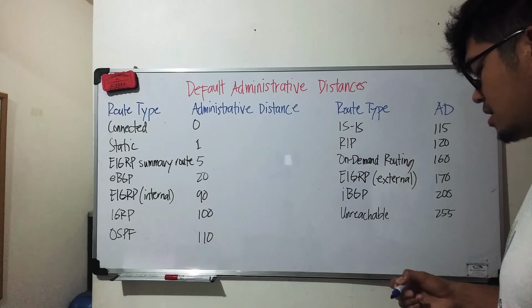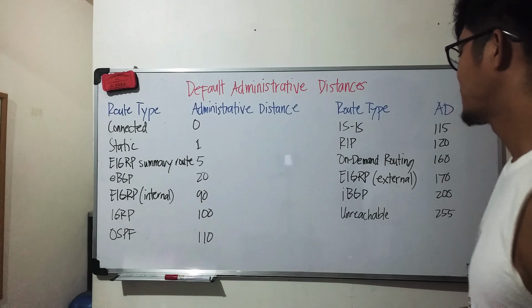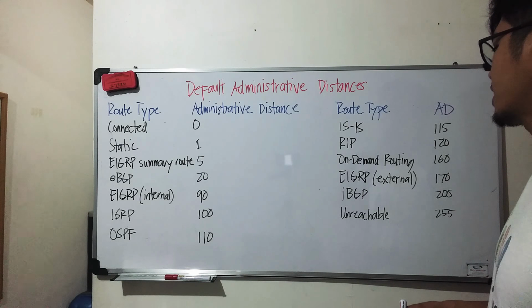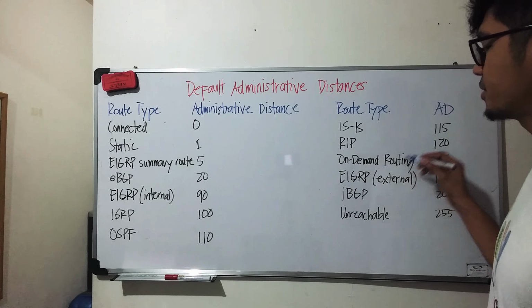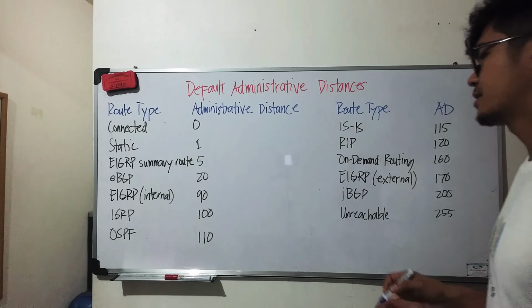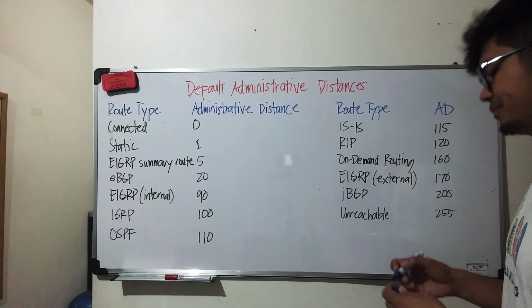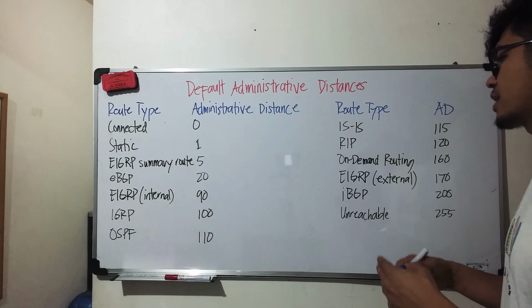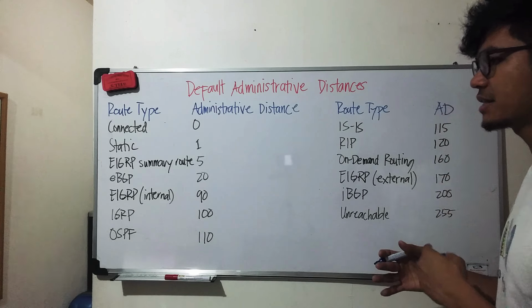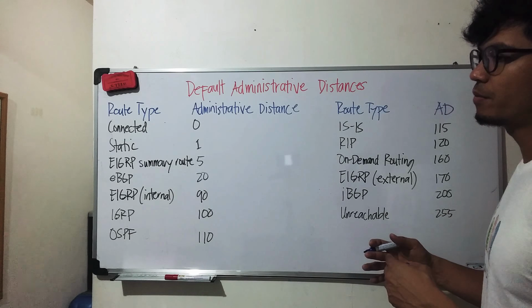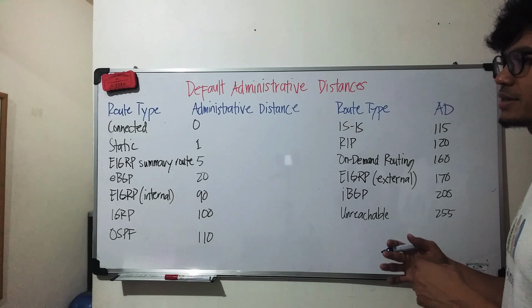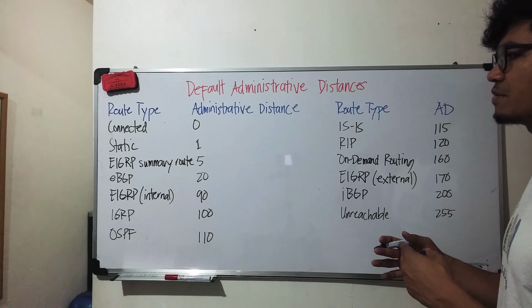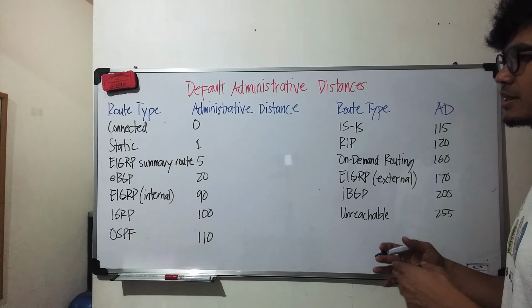On-demand routing. I'm not very familiar with on-demand routing, but I think this is just like a floating route, right? For example, you've got two static routes, and one of them has a lower AD and one has a higher AD for redundancy purposes.